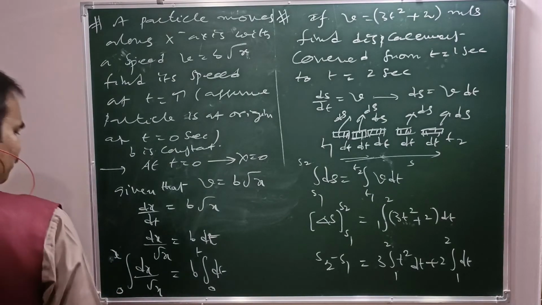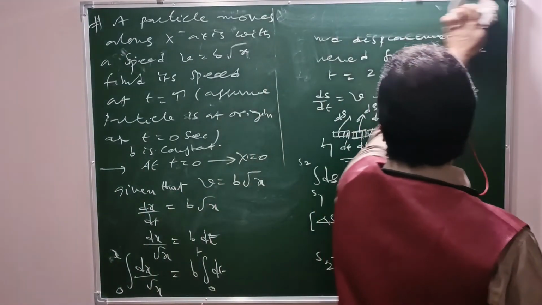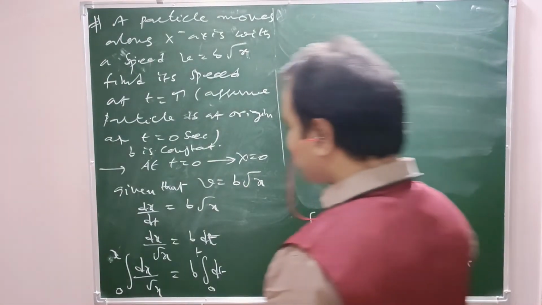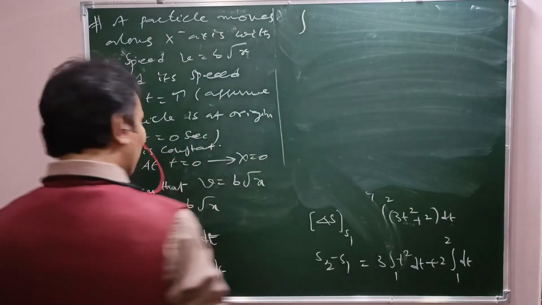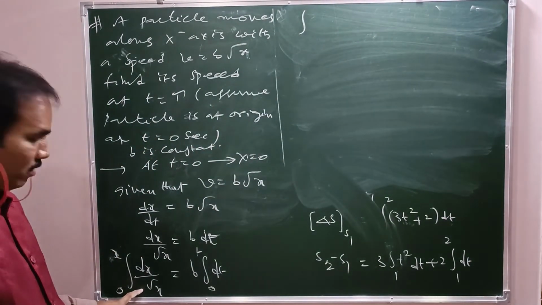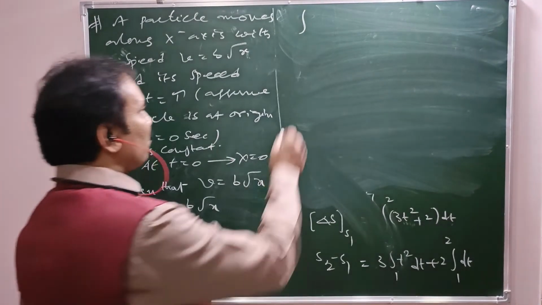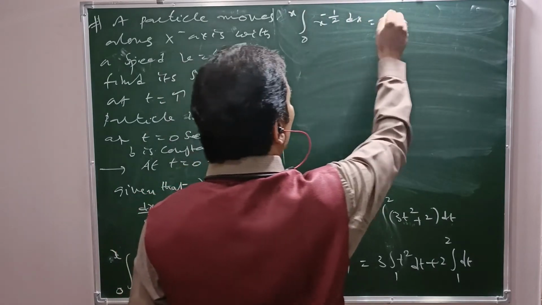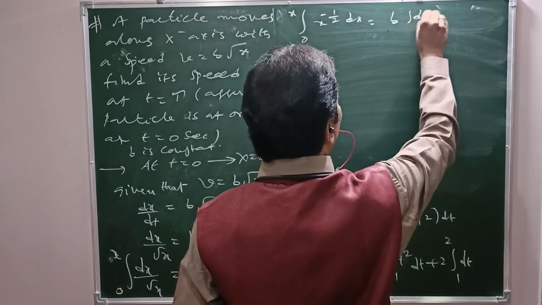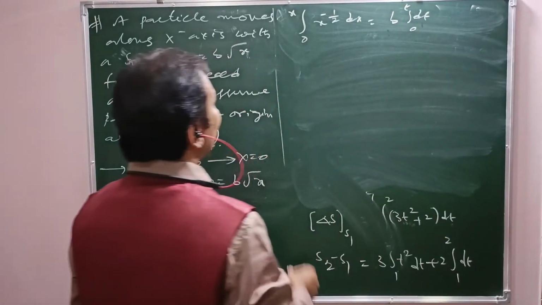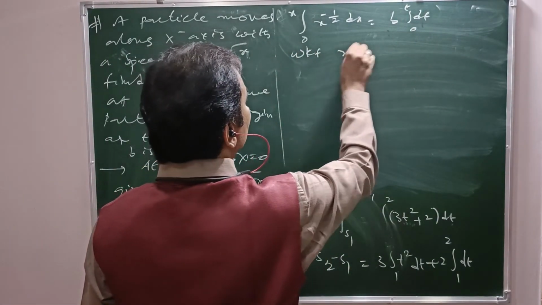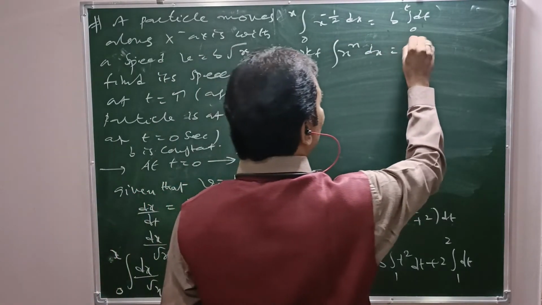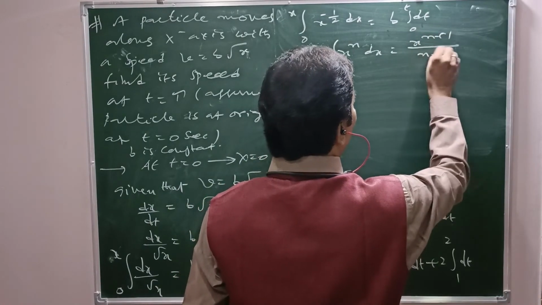Now coming to the solution. Integral dx by root x means integral of x power minus 1 by 2 into dx, limits 0 to x, equals b into integral dt, limits 0 to t. We know that integral x power n dx equals x power n plus 1 by n plus 1.